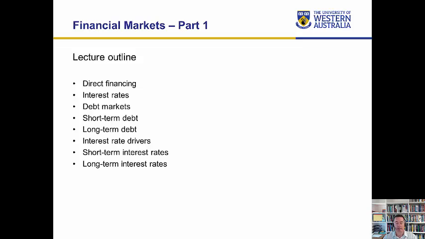The types of economic agents that are active in wholesale debt markets are governments, financial institutions, big companies, and then on the provision of savings side, we're looking at big organisations that have excess savings to provide to these debt markets. Sometimes that's governments, sometimes it's companies, but also big superannuation funds, that sort of thing.